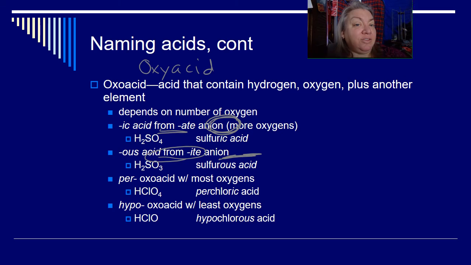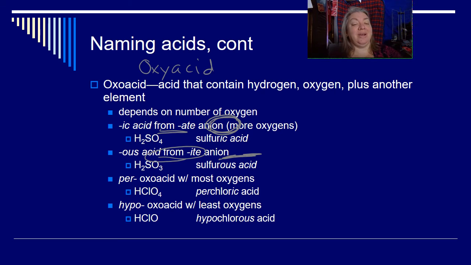And then we have these two prefixes. Now these are already in the polyatomic ion name, so don't worry about that too much. Per means more. So per and ate always go together. So if you had perchlorate, it becomes perchloric acid. And hypo means less, like if you have hypothyroidism, that means that your thyroid does not work enough as it should.